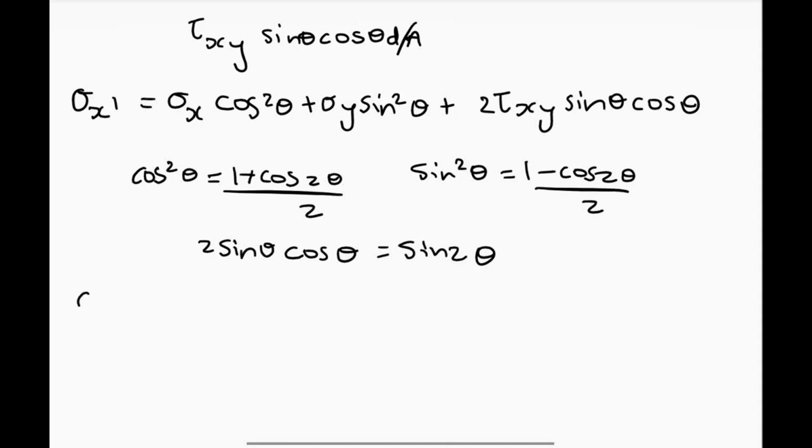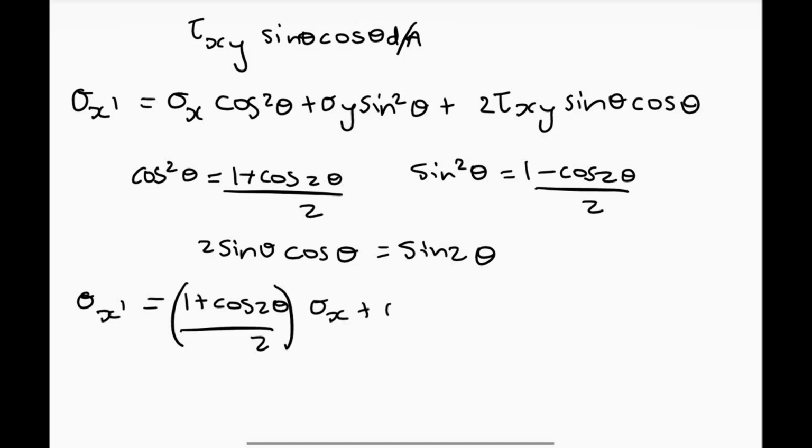So now, substituting this, there'll be a 1 plus cos 2 theta for the sigma x, and there'll be a 1 minus cos 2 theta for sigma y. This will be tau xy sine 2 theta.